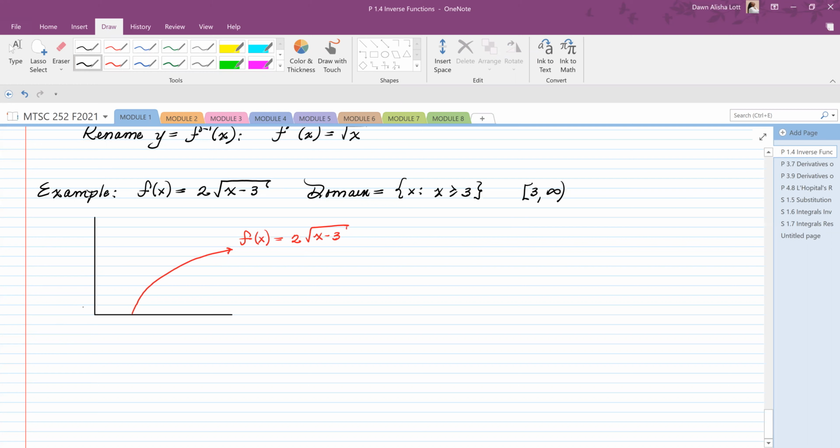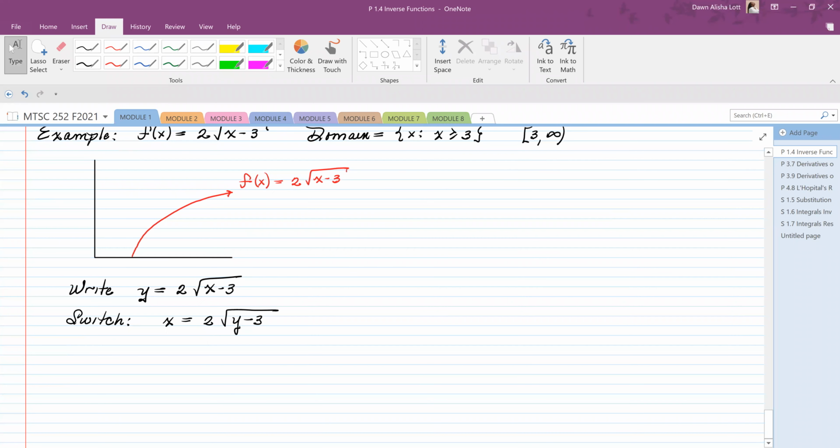Switch. Good. So I'm going to write y is equal to 2 times the square root of x minus 3. So let's switch x and y. So I get x is equal to 2 times the square root of y minus 3. All right. So I'm going to divide by 2.